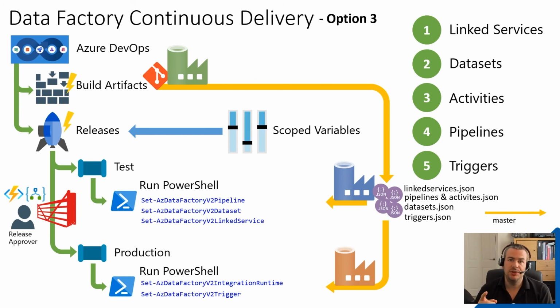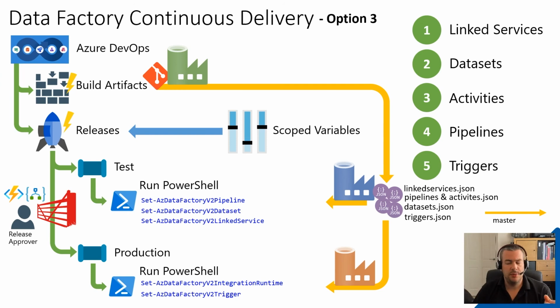And we can use that one component within our data factory as the definition file for its respective PowerShell commandlet and do a deployment that way instead. So that gives us much more control over our data factory artifacts that we want to deploy.